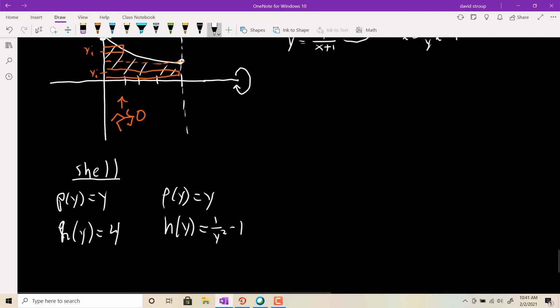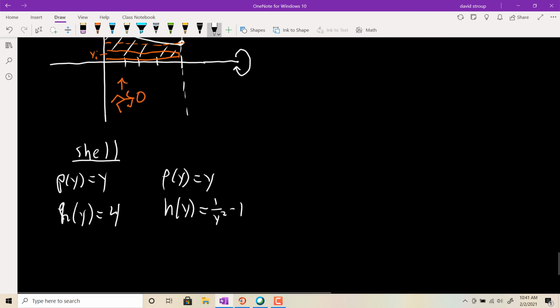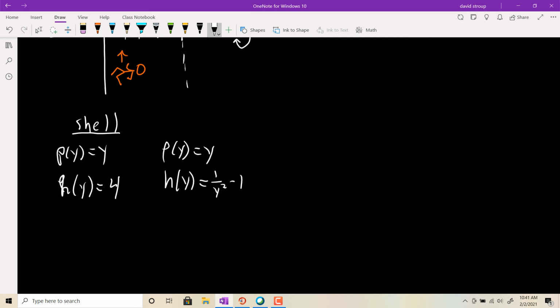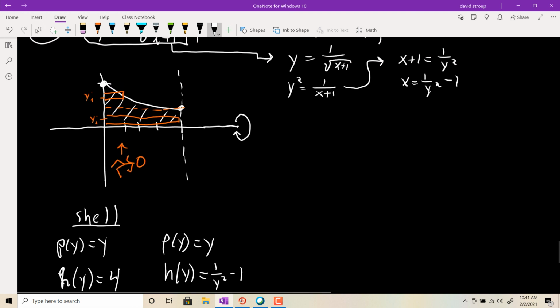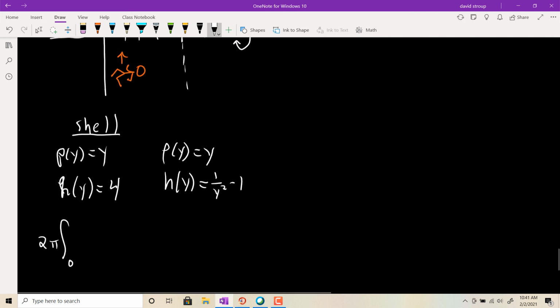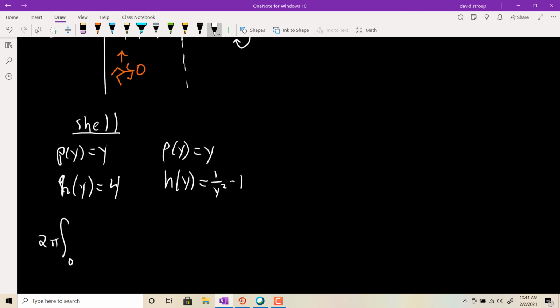And what you're ending up with is two integrals. So you'll end up with the first integral from 0 to the y value of this point here. So that point is at 4 comma 1 over square root of 4 plus 1, which is square root of 5. So you're going from 0 to that, which is another complicating issue, which would suggest you don't want to use this method.